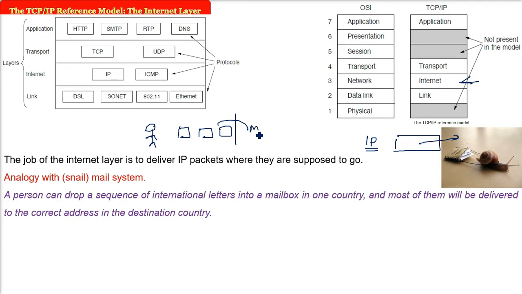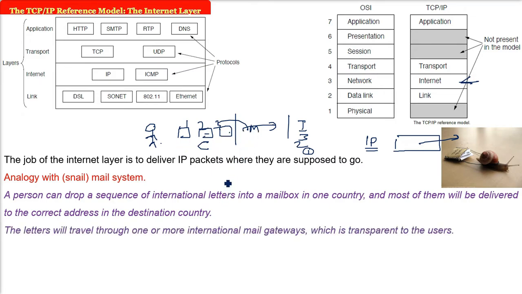Now, for example, all the letters from Canada, which he wants to send to India, all of them, or maybe one or two may not reach the destination, otherwise all will be delivered. What I'm trying to suggest here is that the letters are going through various international mail gateways.